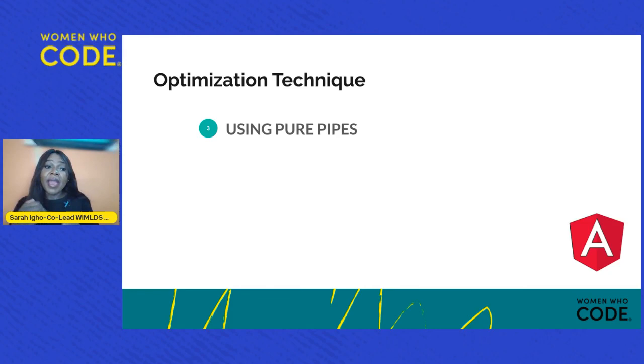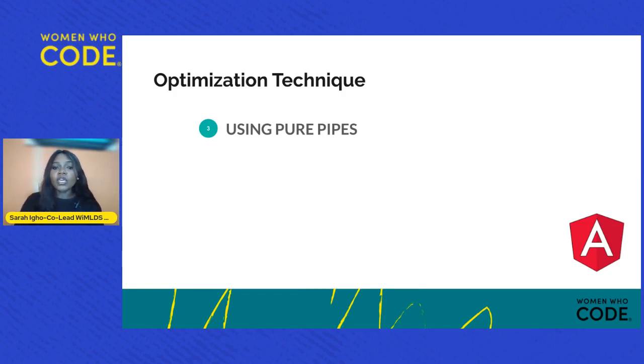Knowing that pipes transform data to different formats, let's say we have a custom date pipe that converts the date to a shorter format. If you're using impure pipes, the impure pipe will be called for every change detection cycle, no matter whether the value or parameter changes, which is not optimal in terms of performance.